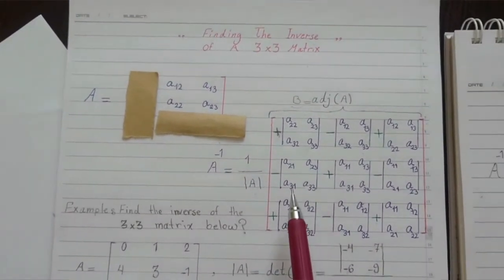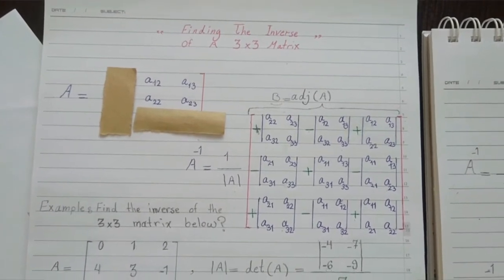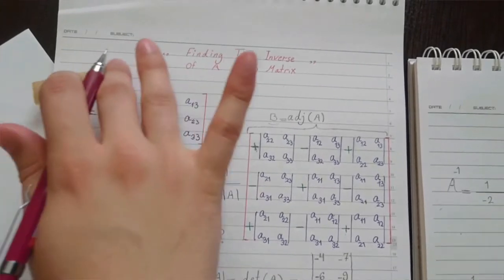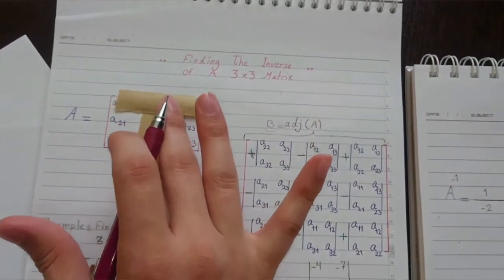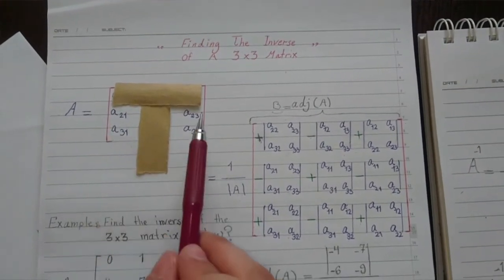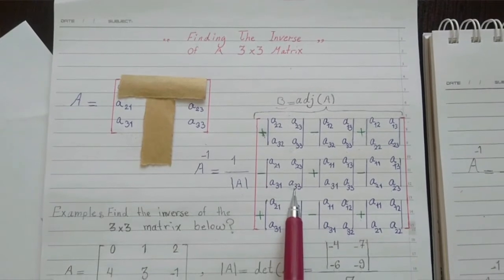The entry B sub 2 1 is equal to the determinant of our matrix after ignoring the second column and the first row, which is equal to A2 1, A2 3, A3 1, and A3 3 here.